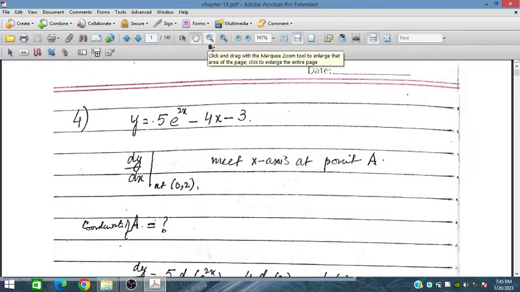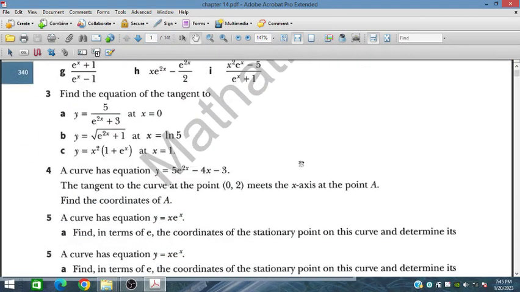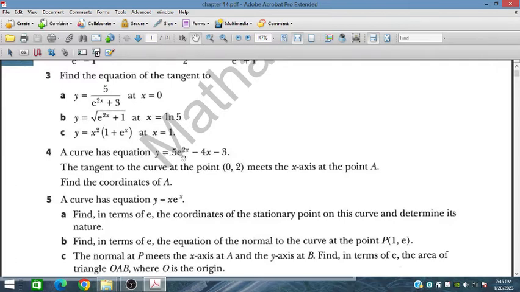Read the question. Question number 4. A curve has the equation y is equal to 5 e power 2x minus 4x minus 3. The tangent to the curve at the point 0, 2 meets the x-axis at point A. Meeting the x-axis, the value of y will be 0 at point A. Find the coordinates of A. Right?